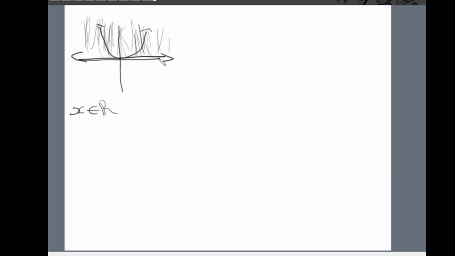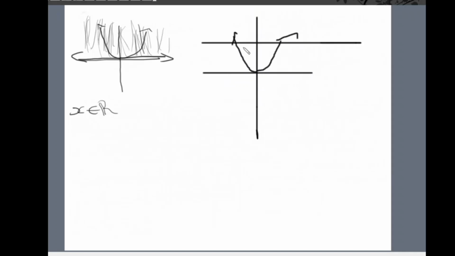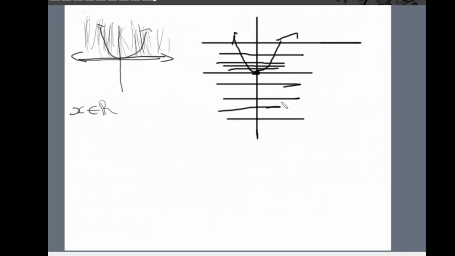But then for a range, our graph looks like this. For a range, you just draw multiple horizontal lines, right? And then you'll see they intersect the graph up until this point, right? But when you go below the x-axis, they don't intersect the graph anywhere. So it means our range, the graph exists from this point going up, right?